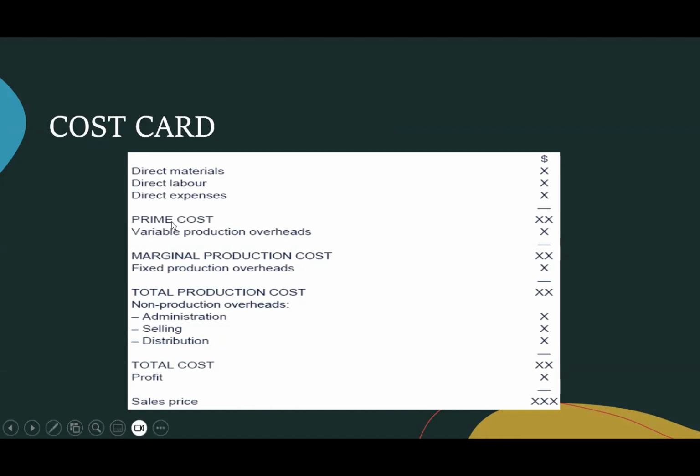If you add them, you get your marginal production cost. Then if you add your fixed production overheads, you get your total production cost. After that, if you add your non-production overheads, you get your total cost. Based on that, you can add your profit and you will get the selling price. So basically, all these details are written on the cost card. Okay.